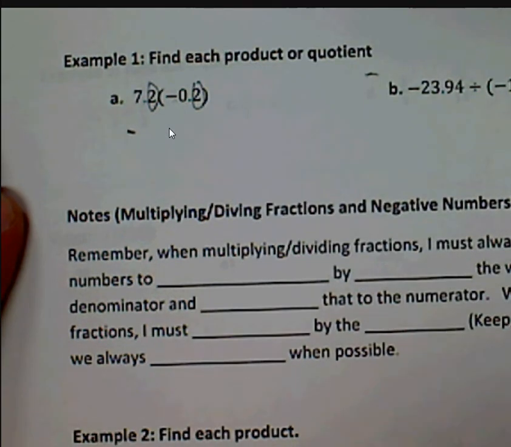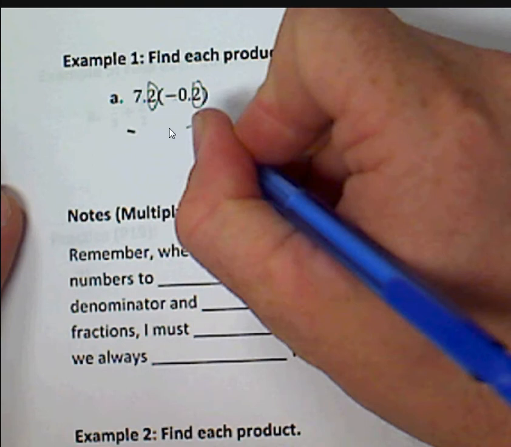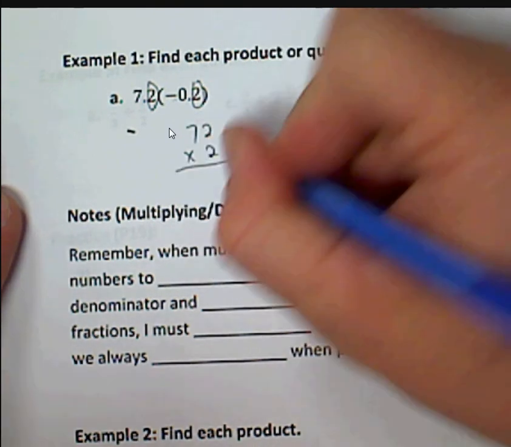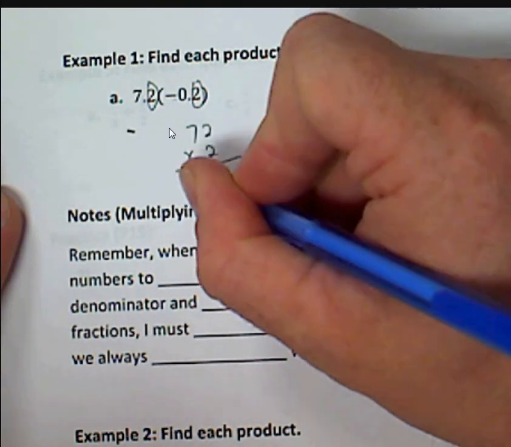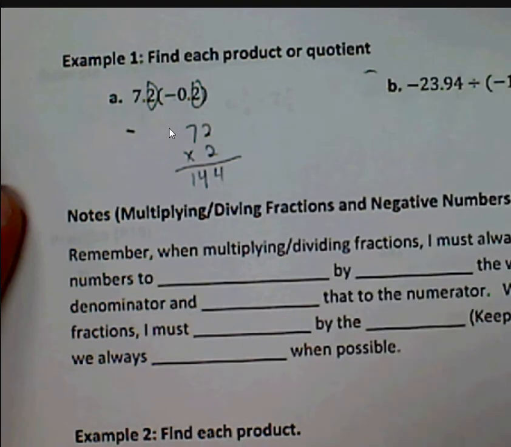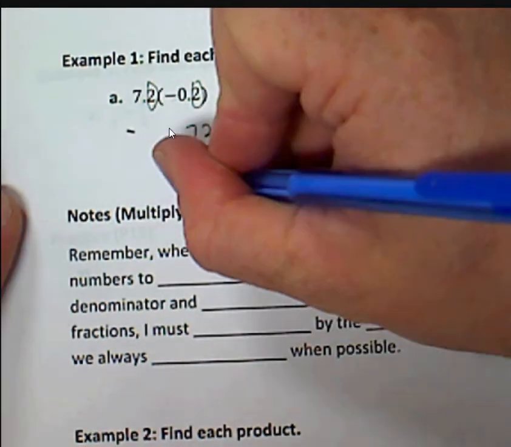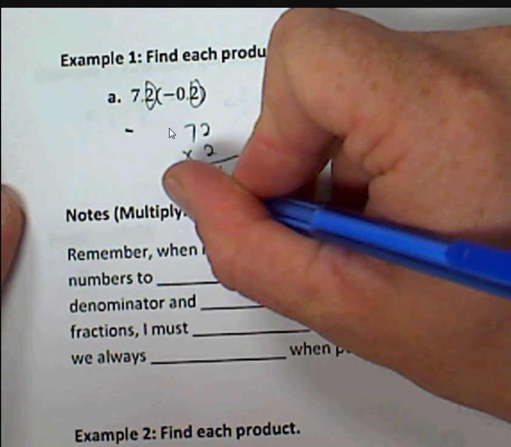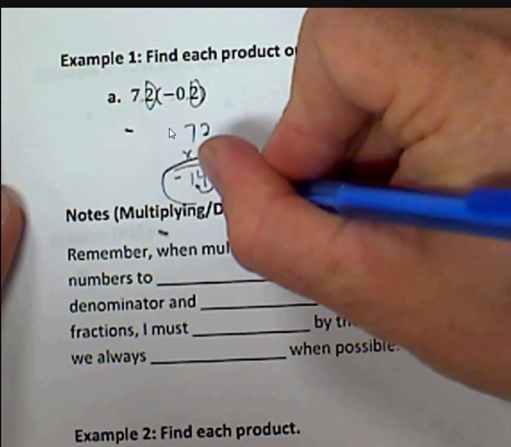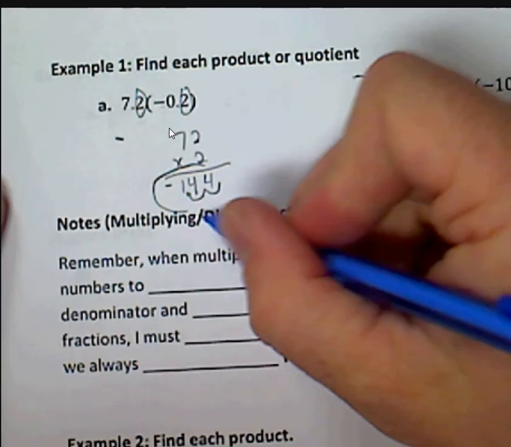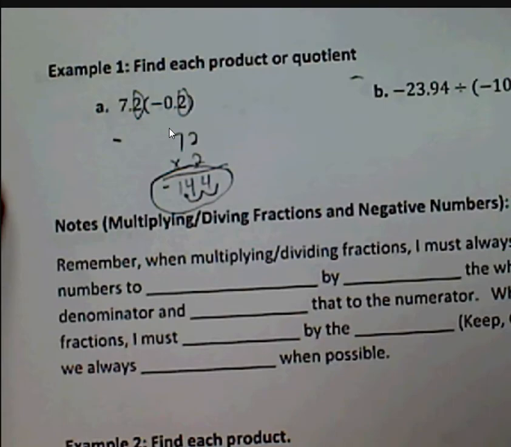There are 2 numbers after the decimal, which means we are going to move that many places at the end. Now I can take 72 times 2, that's 144. My answer is negative, and I move the decimal to the left twice, because that is how many numbers are after the decimal.